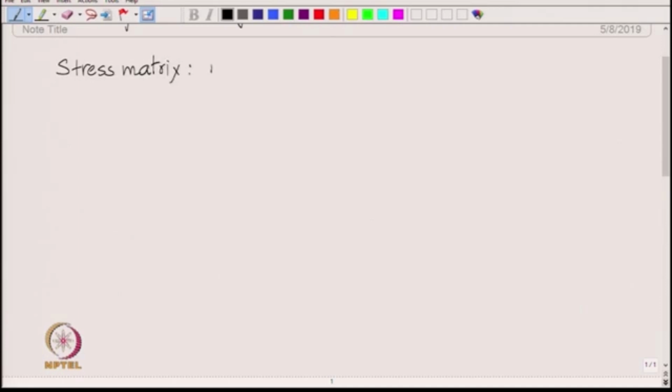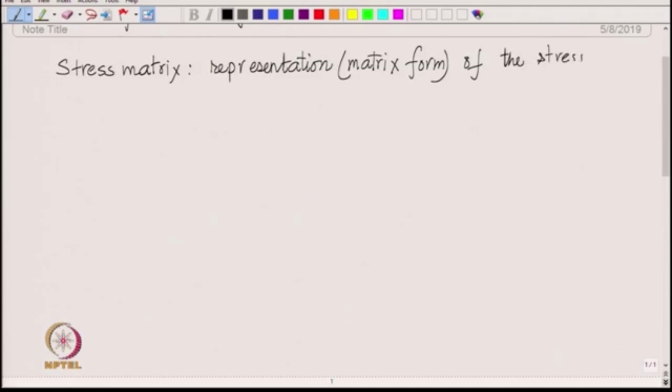So, this is the representation, and by representation I mean the matrix form. Representation of the stress tensor in a coordinate system.